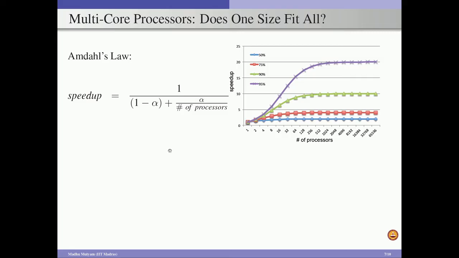That indicates that the amount of speedup we can achieve is limited by the fraction of the code that is parallelizable.